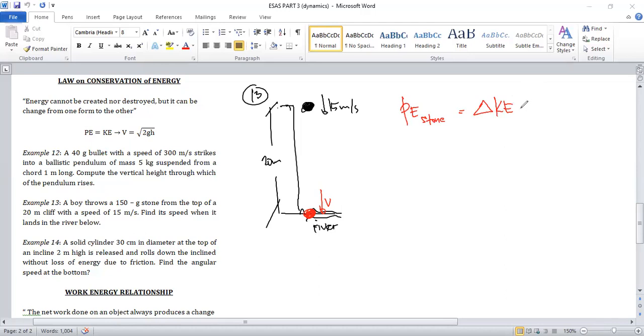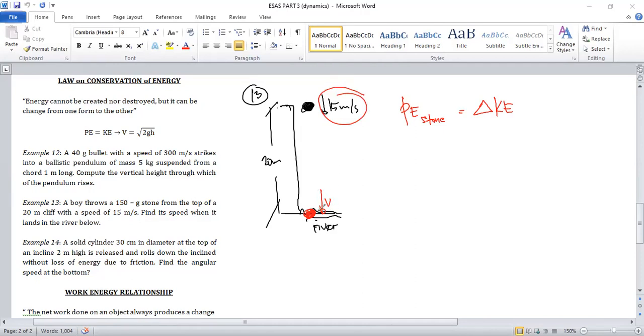Why is there a change in kinetic energy? Because initially the stone is thrown at a given speed, and then the speed changes.